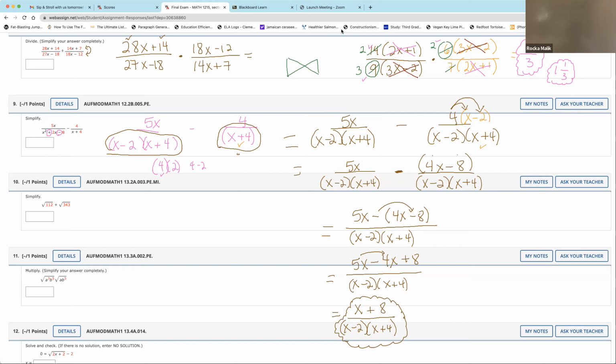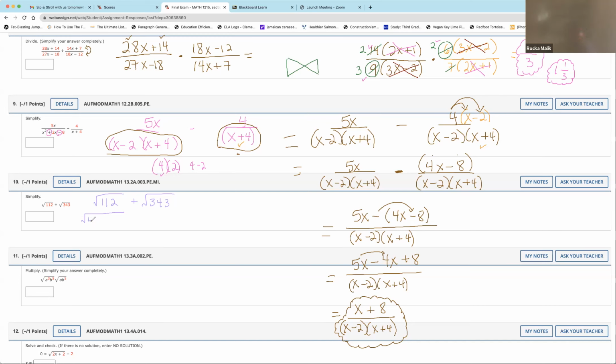So we can do the simplify square root of 112 plus square root of 343. Okay, 112, 234, so no. 4 can go into 112. So instead of the square root of 112, I try to find a factor that's already a perfect square.